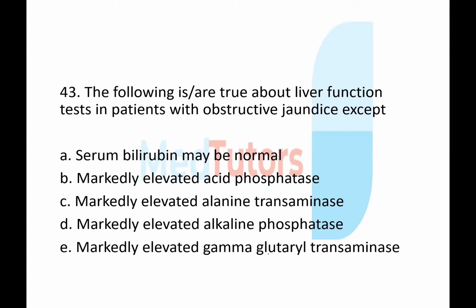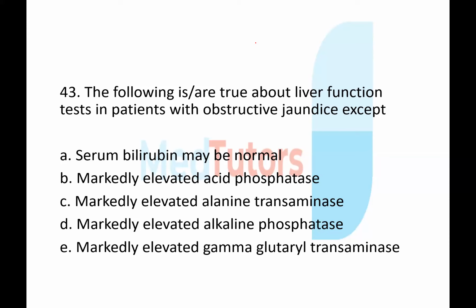The following is or are true regarding liver function. Now, please, you should know that liver function test is an interpretation of lab results that is commonly seen in an OSCE station.